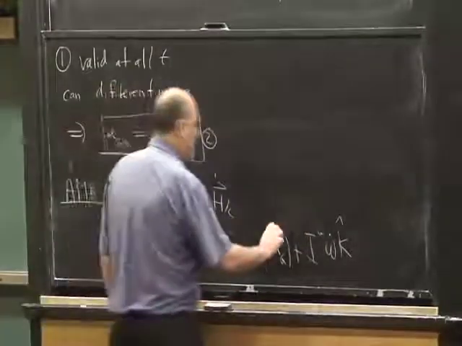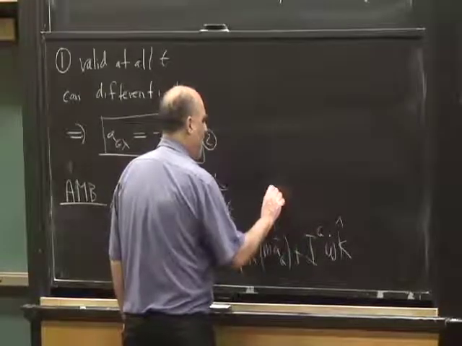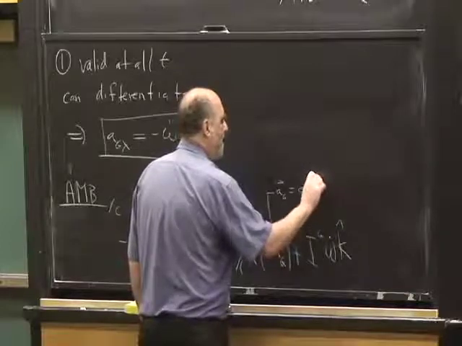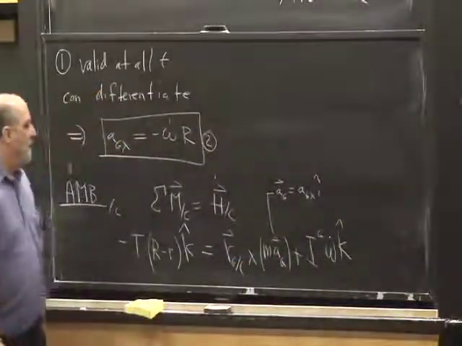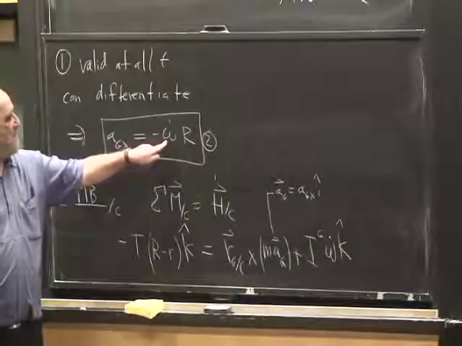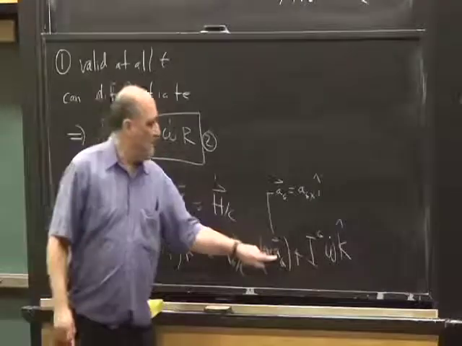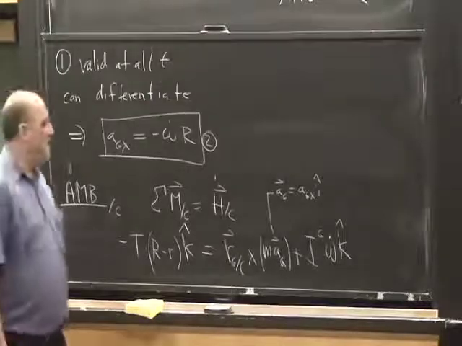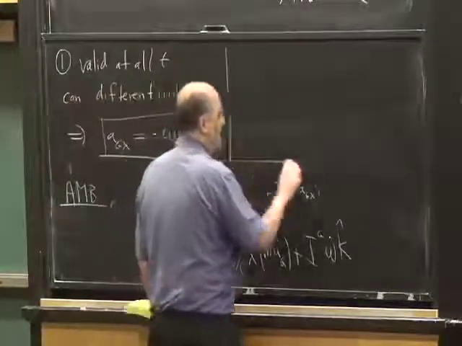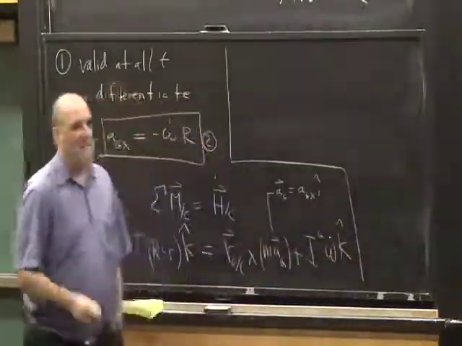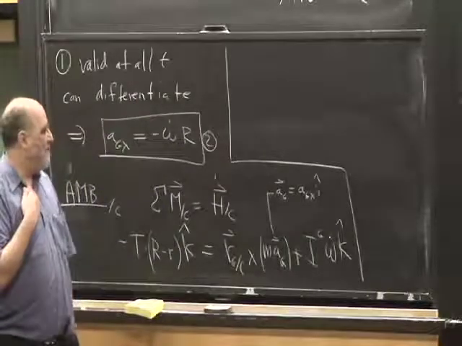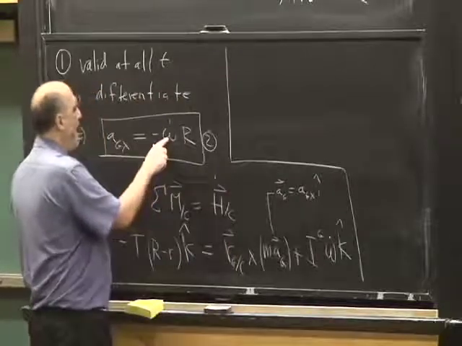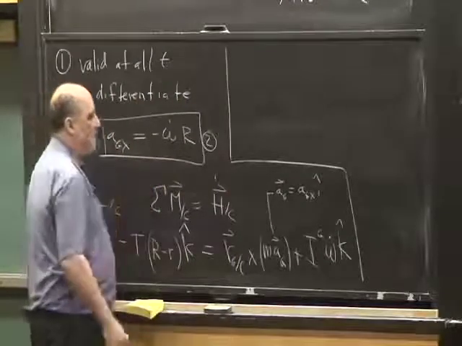So remember that we have that the acceleration of G was equal to agx i, and we have this relationship between agx and omega dot, so we can eliminate one or the other of these 2 variables. Let's eliminate the omega so we can figure out whether this thing goes to the right or to the left. So to eliminate omega, where we see omega dot, we put agx over r with a minus sign.